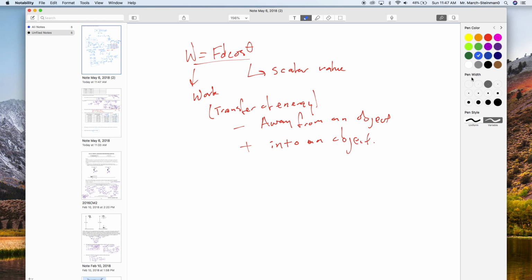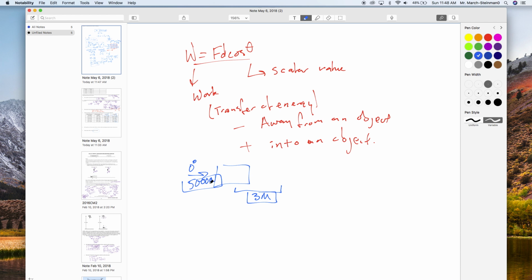So to start out, let's say I have a block and I'm pushing it in this direction at an angle of 0 degrees, and I'm pushing it with 5,000 newtons, and the block moves across that time a distance of 3 meters, and throughout that entire 3 meters I'm applying the full might of my 5,000 newtons.